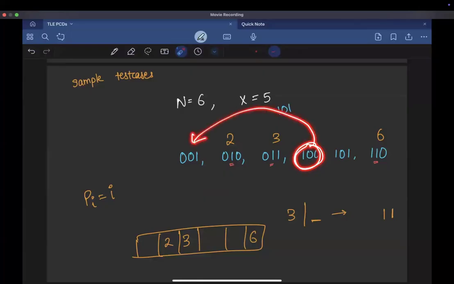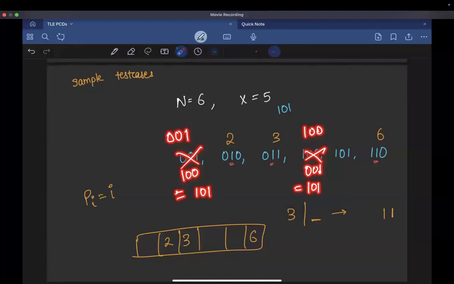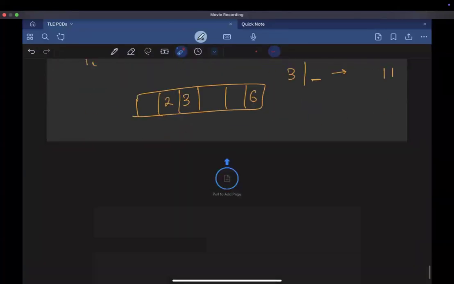If I place 100 here and 001 here, the indices for these numbers are 001 and 100. So the bitwise ORs will just become 101, that is equal to 5.